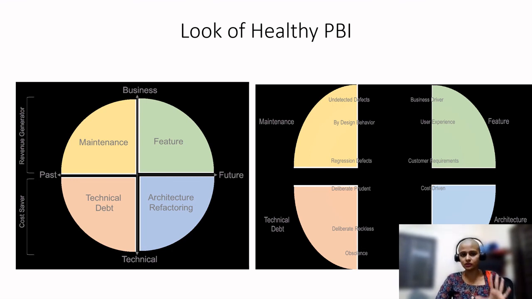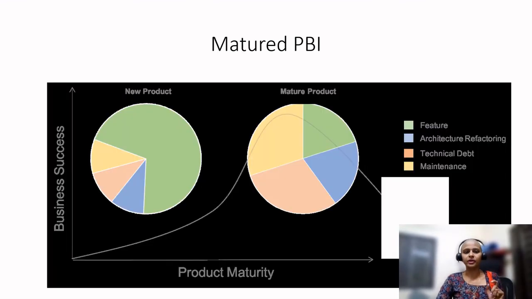Okay, so this is how a healthy, mature PBI backlog looks. When we start the product, or when we start the team, we may not expect the backlog to have everything. We will only have features. Even after some 10 sprints, most dominantly we will have only features, not technical debt, architecture refactoring, maintenance and all.